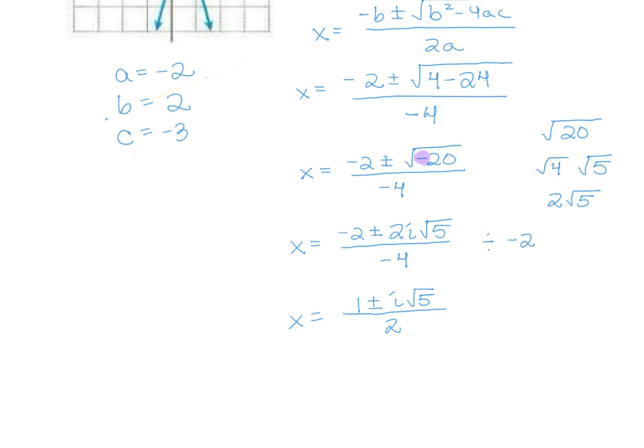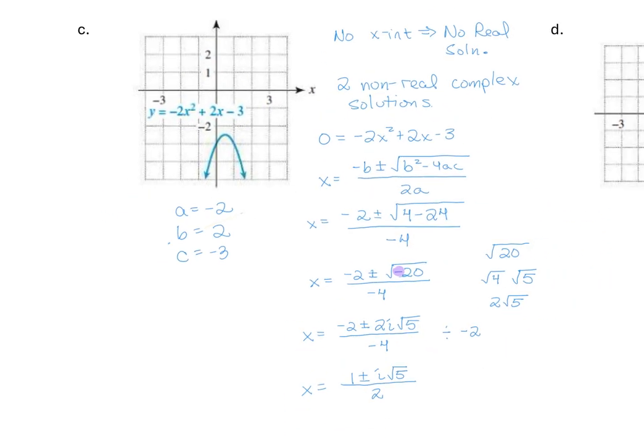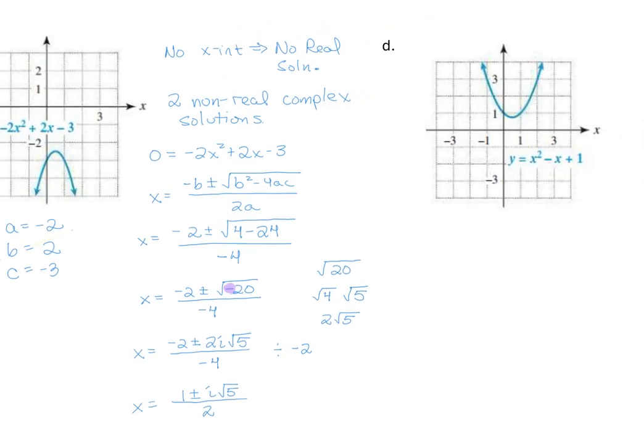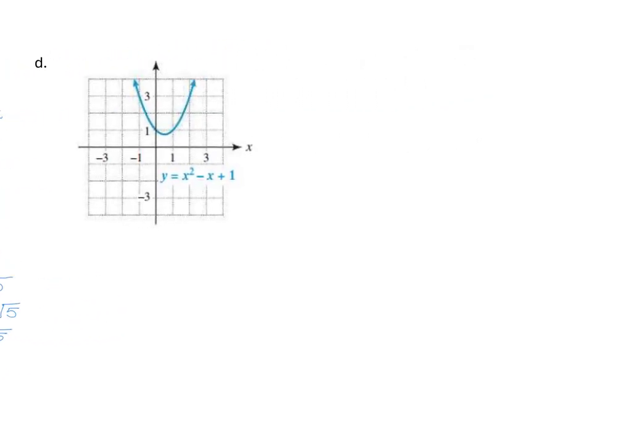Okay, and so notice here that we have 2 non-real complex solutions. We have 1 plus i square root of 5 over 2, and we have 1 minus i square root of 5 over 2. All right, let's come to the last one.